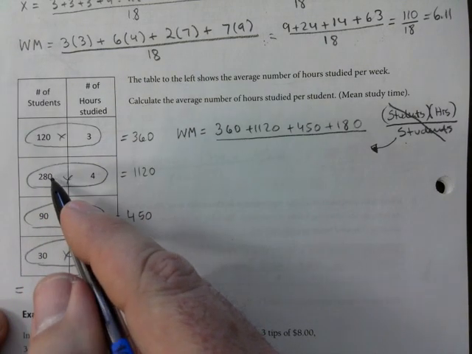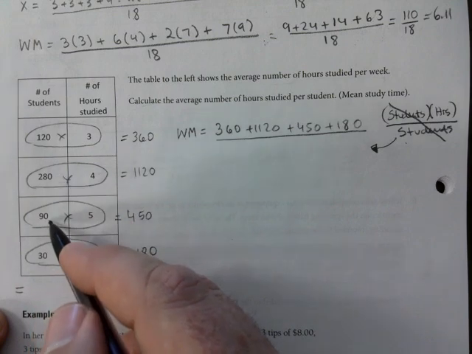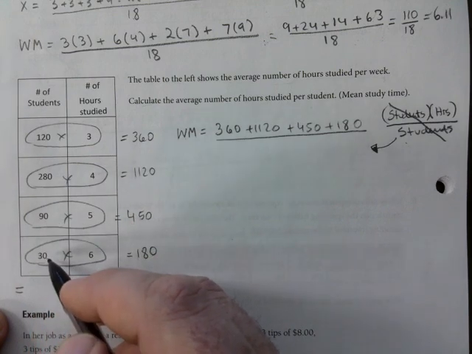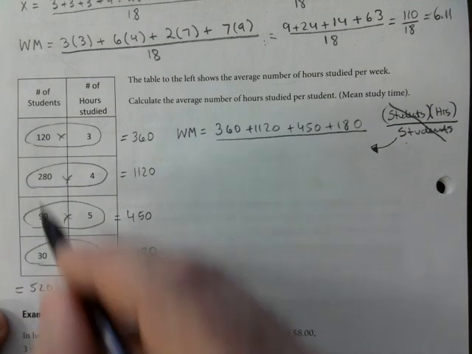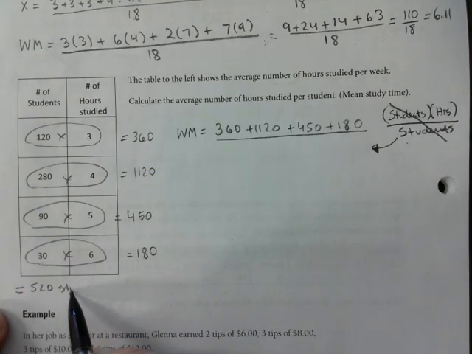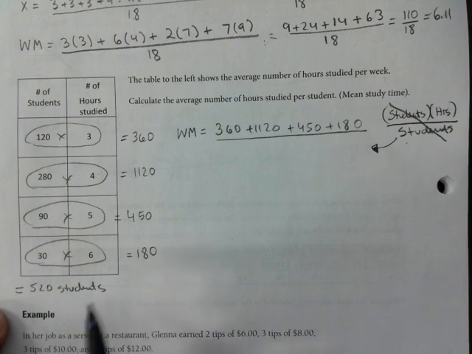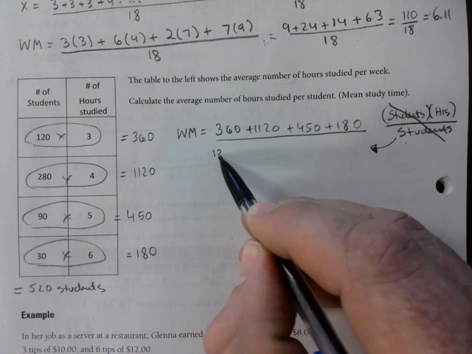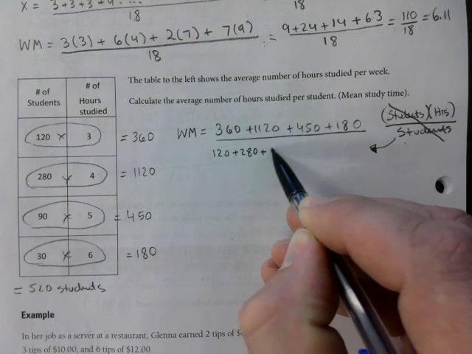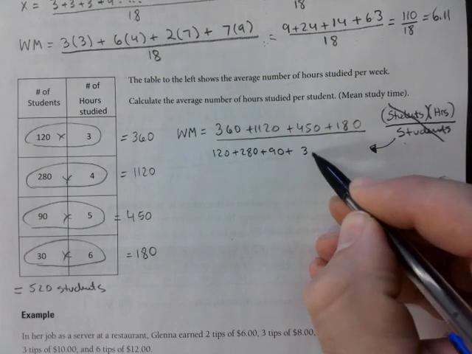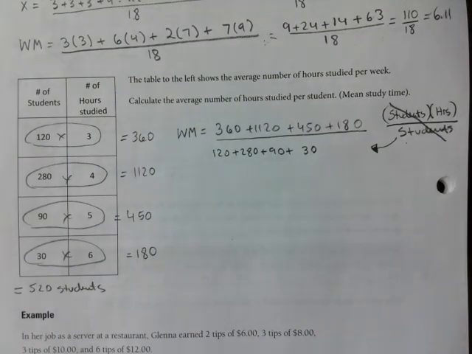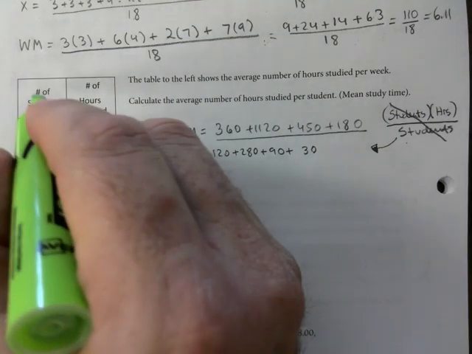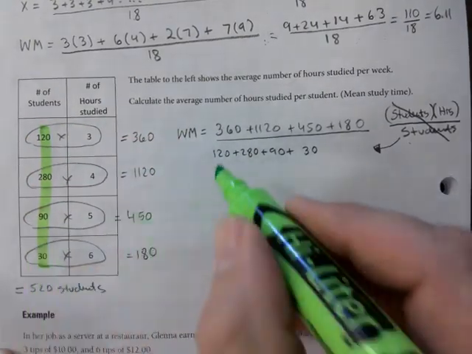So 120 and 280, that's 400, 490, 520. I'm going to put this down here, number of students. Because this is our first example, I'm going to go 120 plus 280 plus 90 plus 30.